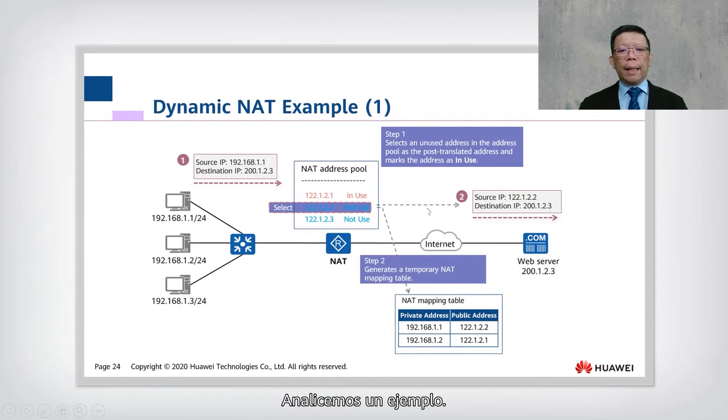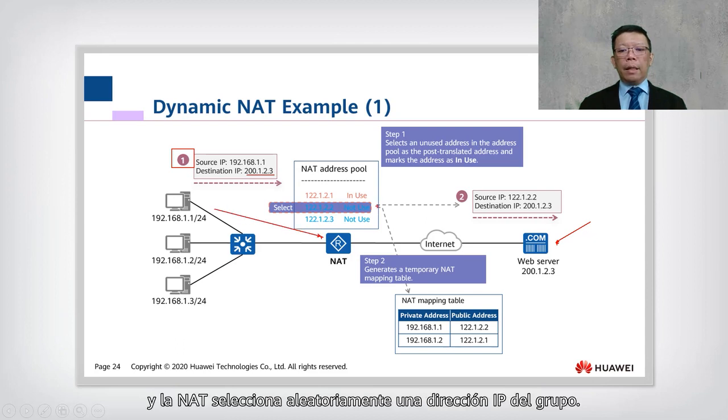So let's look into the example here. We have two parts in this example. In the first step, you can see here, step number 1, IP source 192.168.1.1 initiates a connection to 200.1.2.3, which in this case is the server. It will go into the NAT, and the NAT randomly selects an IP address in the pool.